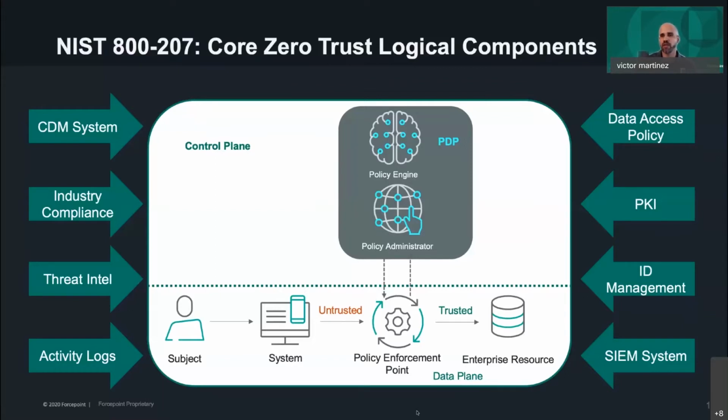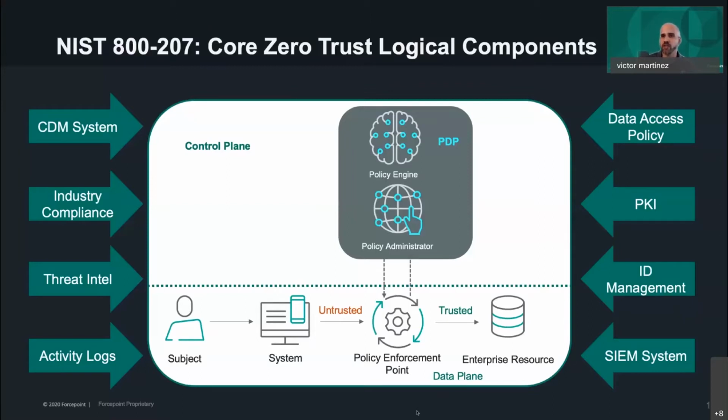But within the control plane, what we've done at Forcepoint, and the reason why I believe it is such a powerful thing to have this common language, is that we've overlaid our solutions and how we fit into this architecture, so we can communicate to our customers and prospects with contextual information about zero trust.